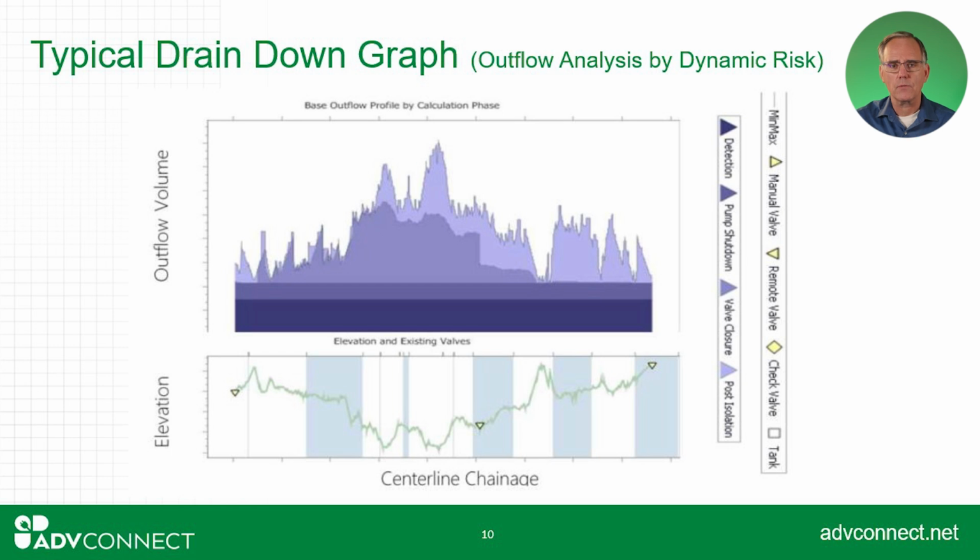Even though you've got all the valves closed, gravity and elevation take effect, and that is an additional volume. So a good drain down outflow analysis will stack all those up so you can see the maximum potential for how many barrels could be spilled from this particular pipeline. Where's that going to occur? What are those volumes? So you need to perform this analysis as well.